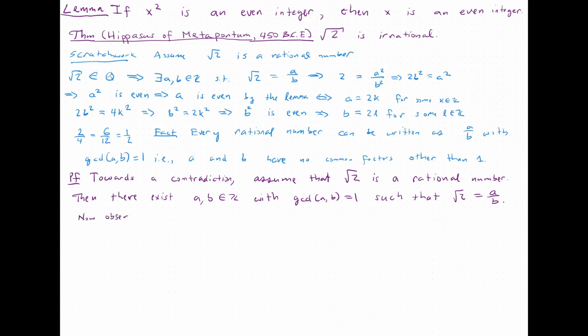Now observe that square root of 2 is equal to a over b implies that 2 is equal to a squared over b squared. And so here we squared both sides.